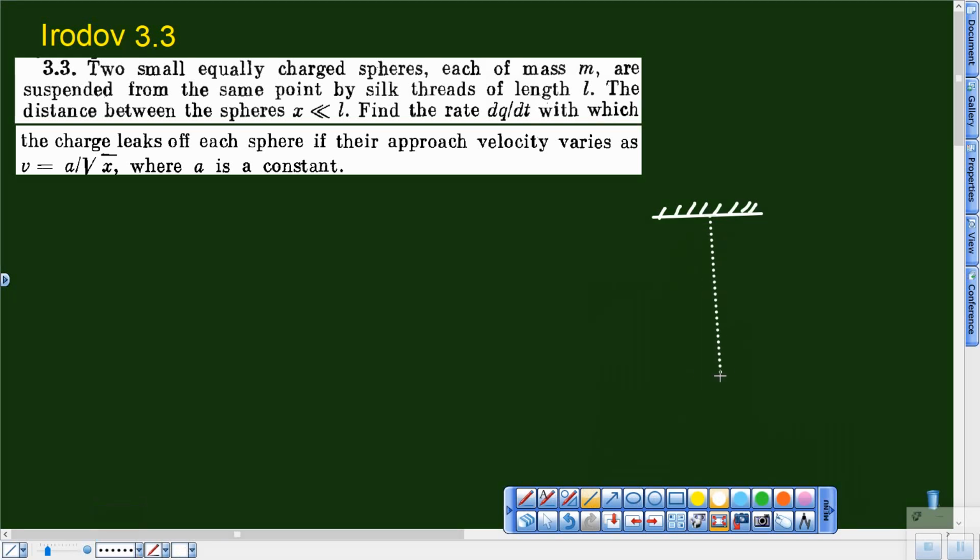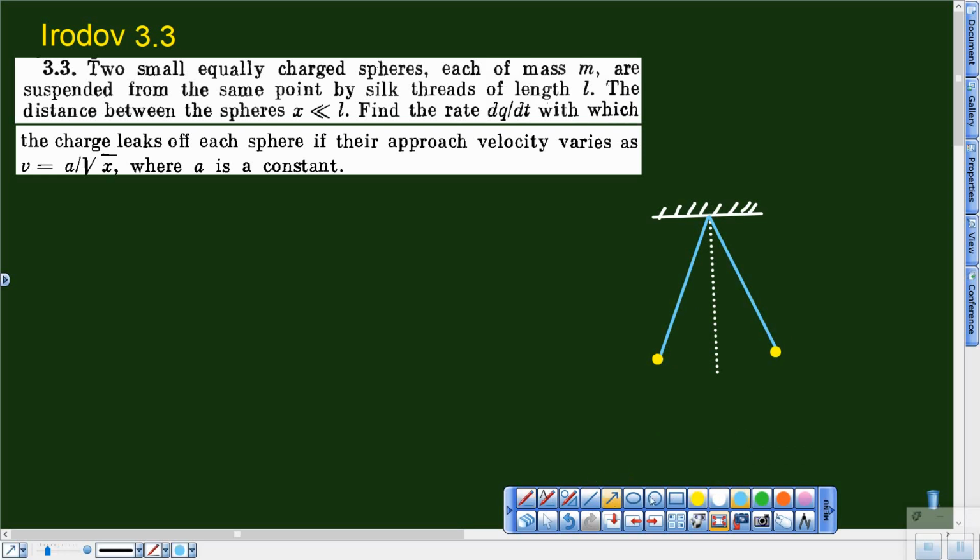For the sake of correctness, I am drawing these, and these are the two strings on which the charges are attached and hung from the ceiling. So maybe this is the charge here, this is the charge here.